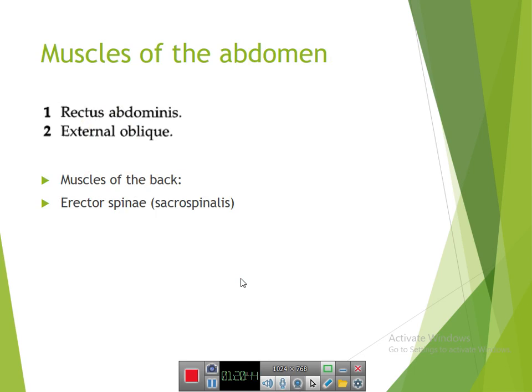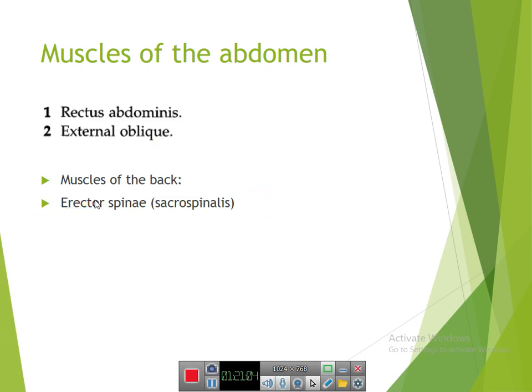Other muscles related to the thoracic wall are about the abdomen. Rectus abdominis and external oblique muscles are two examples of the abdominal muscles that are related to the thoracic wall.